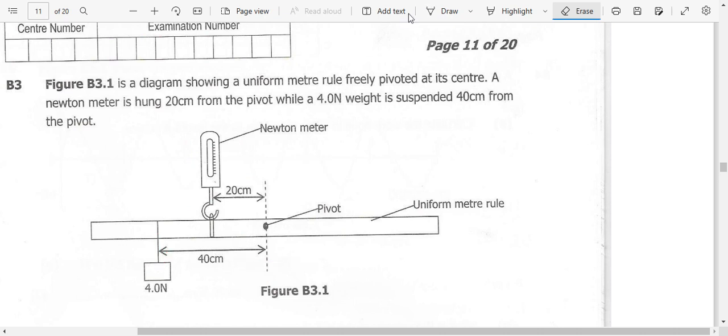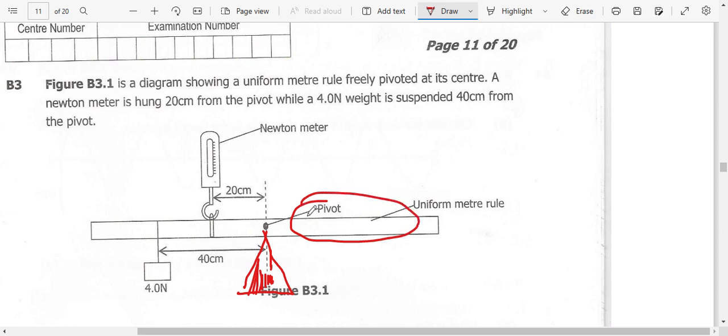So using the principle of moments, clockwise moments are equal to anti-clockwise moments. From here we've been told we have a pivot at this point, meaning that this is where we have a support. Since we don't have any other force on this side, the only force that we have is on this side.